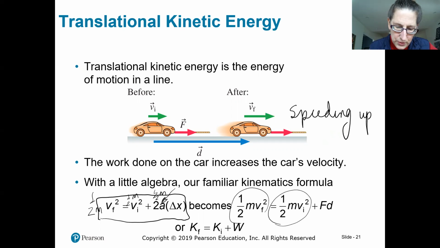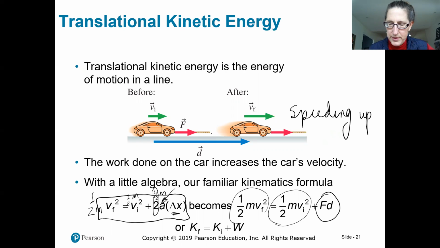The half and the 2 here cancel. m times a is force. Delta x, displacement, is distance, and look what we get. Final kinetic energy, 1/2 mv squared, equals initial kinetic energy plus, and there it is, force times distance, work done, which happens to be, in this case, just force times distance here.